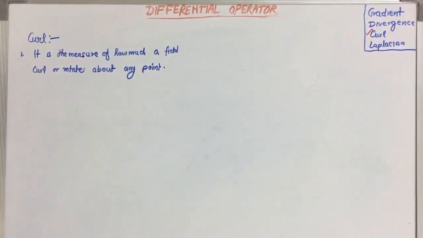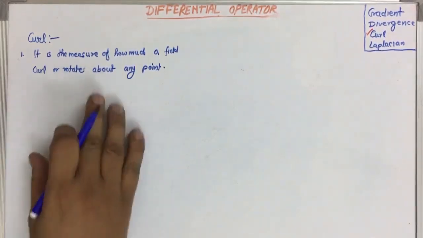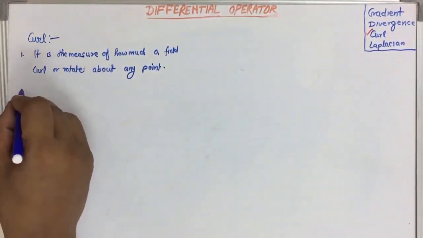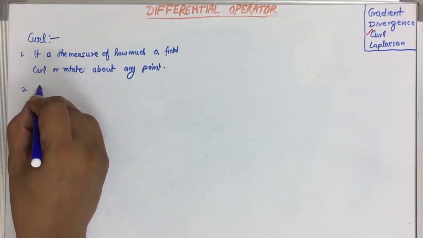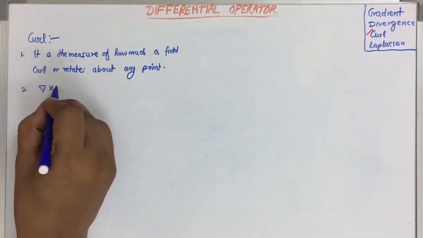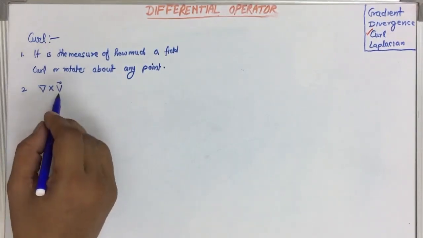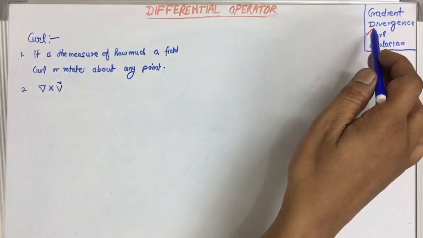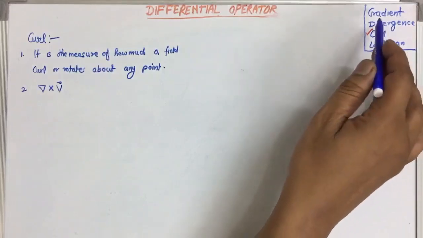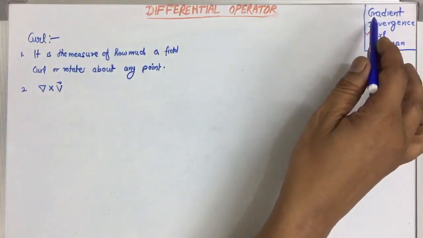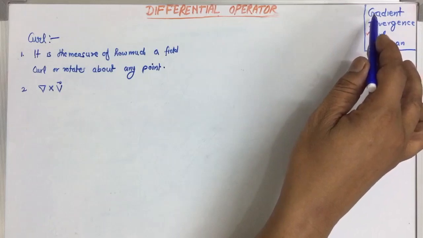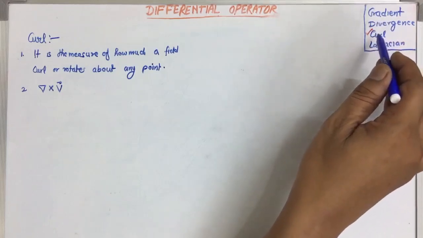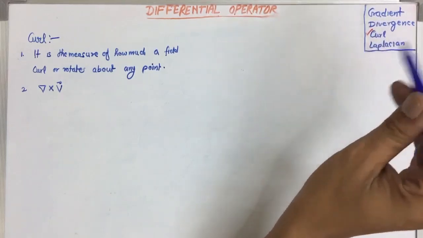For example, okay, before that, this is indicated as the cross product of the vector field. Divergence was just the dot product, gradient was the multiplication with the field, and the curl is the cross product.